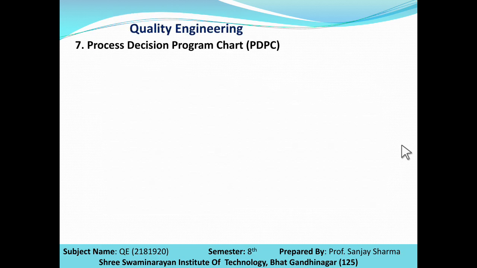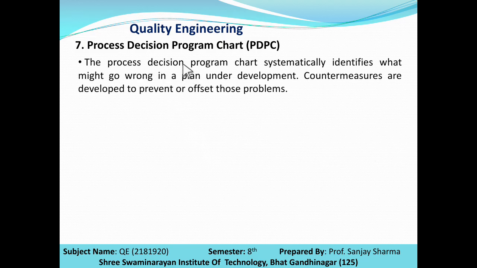Now the 7th one, that is the process decision program chart. This is a very important chart. The process decision program chart systematically identifies what might go wrong in a plan under development. Countermeasures are developed to prevent or offset those problems.